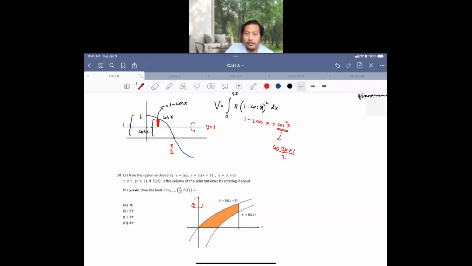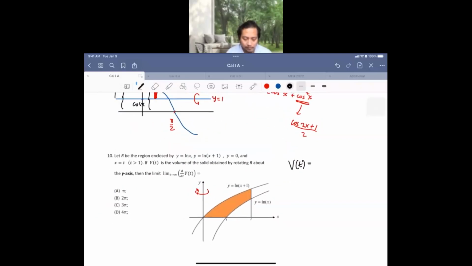Now let me give you just the equation, and I will leave that equation to you. So the volume: we take 0, 1, and then 2 pi x times ln x plus 1 dx.